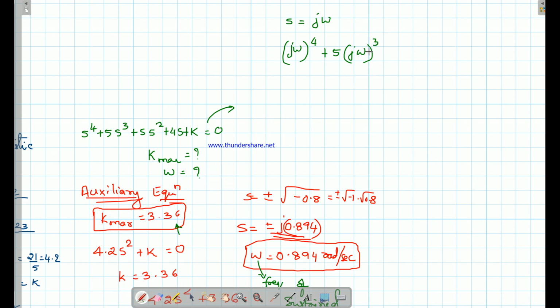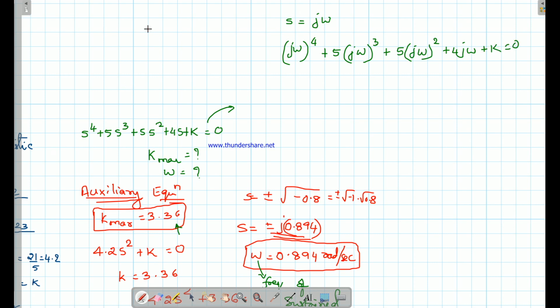This is the second method, to replace s with j omega and write the characteristic equation in terms of j omega, plus 5 into j omega square plus 4j omega plus K equals 0.